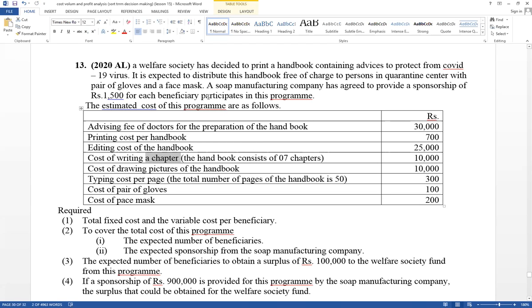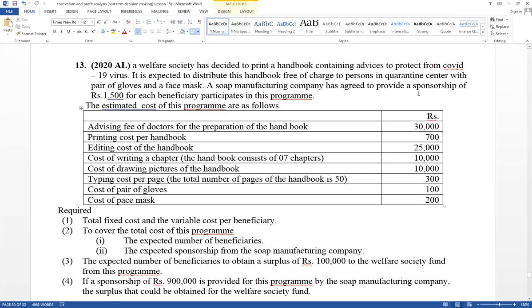But the money, the sponsorship, comes per participant. Therefore, the cost of writing a chapter does not vary with the number of participants. Therefore, this is also a fixed cost, not variable. But given per chapter, think about 7 chapters available. If it is a fixed cost, the total value should be calculated.